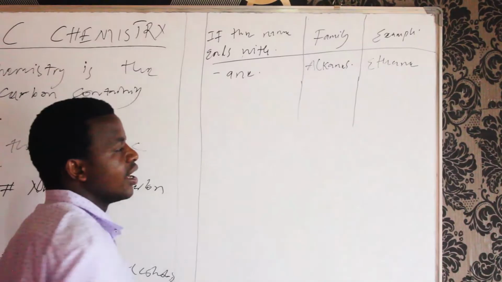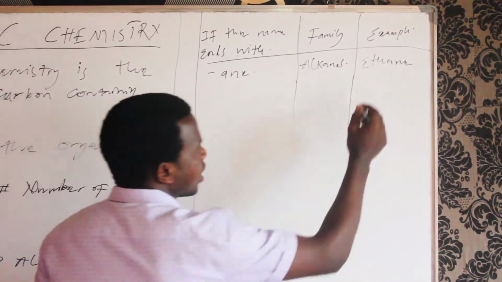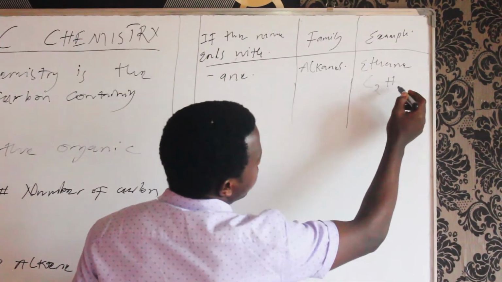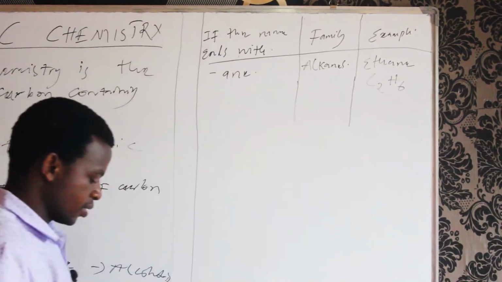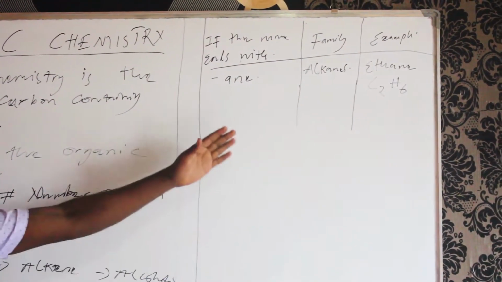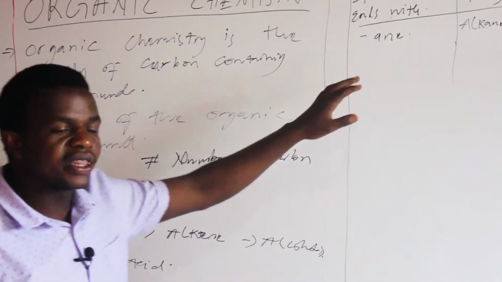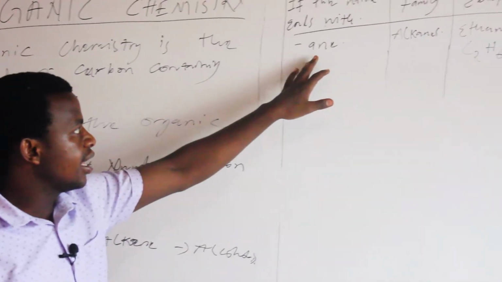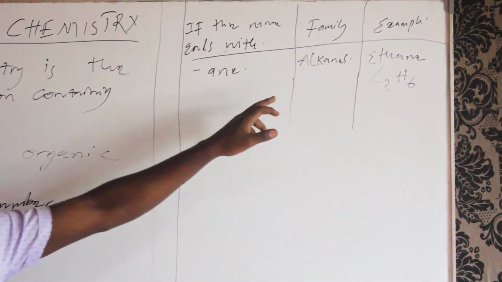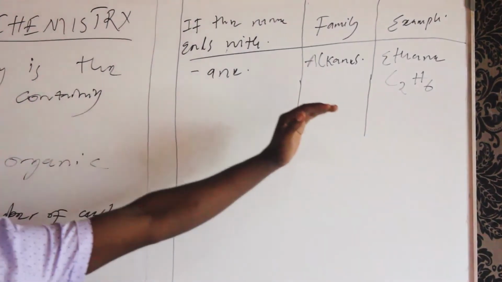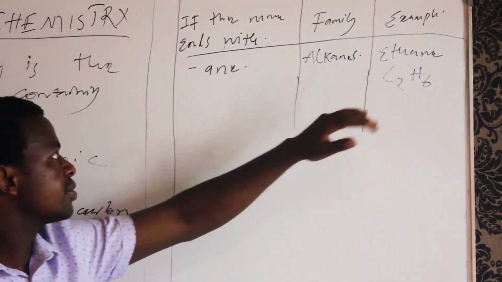The formula of ethane is C2H6. So each time you come across the name of an organic compound that ends with A-N-E, that means it belongs to the family of the alkanes. An example that I've given is ethane.